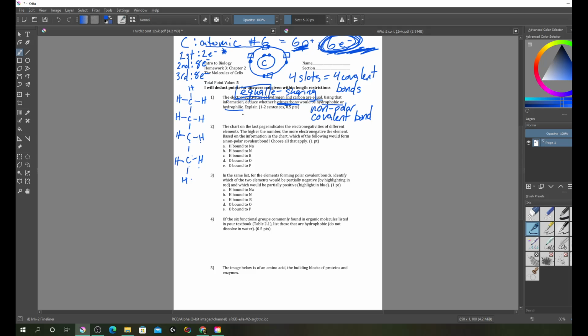And what's philia? Philia or philic refers to love. So something that's hydrophilic is a molecule that loves water. It dissolves in water. It's attracted to water. So things that are hydrophilic dissolve in water because the water molecules are all attracted to it. So think about salt. If you dropped a big old crystal of salt in water, it would dissolve.